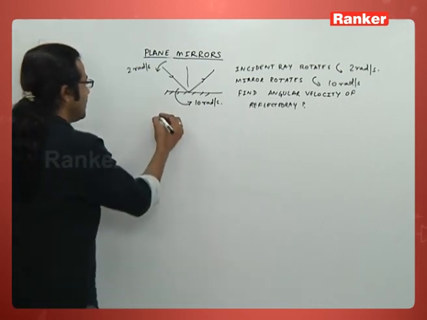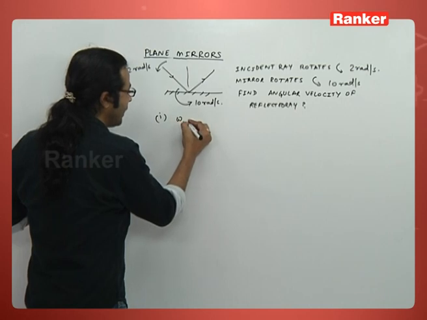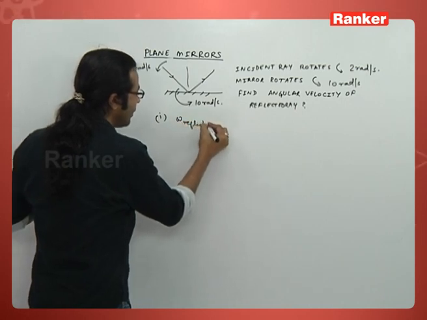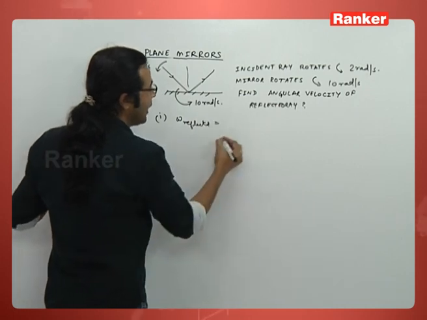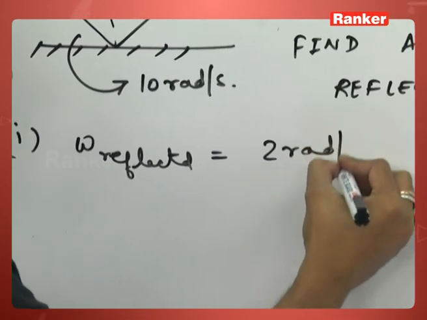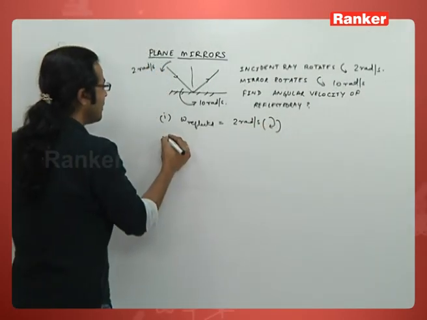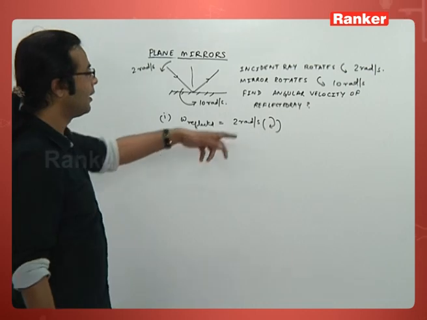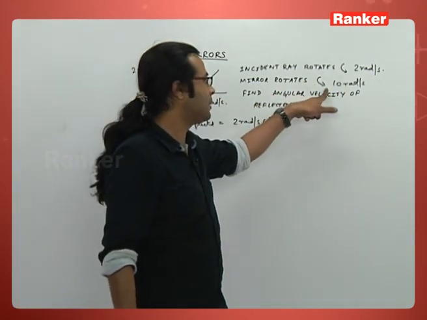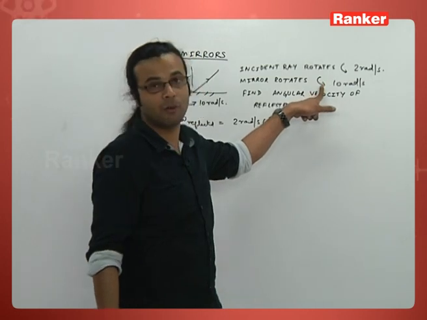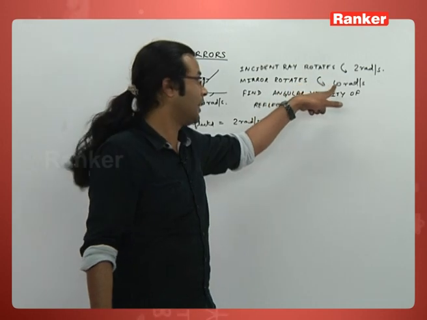So for case 1, omega reflected, when the incident ray is rotating, we write the same 2 radian per second but in the opposite direction. And second case, when the mirror is rotating with an angular velocity 10 radian per second in the same sense, then the reflected ray will rotate by the angular velocity 2 theta, that is 20 radian per second.